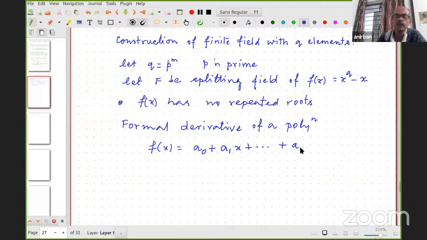This definition works fine for any field.